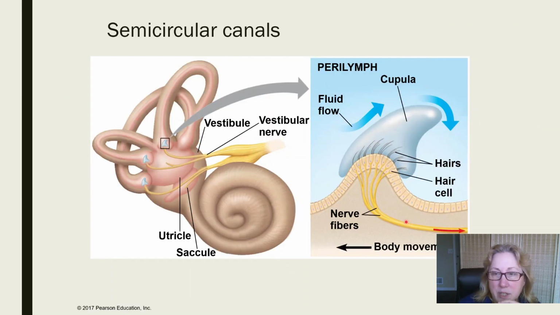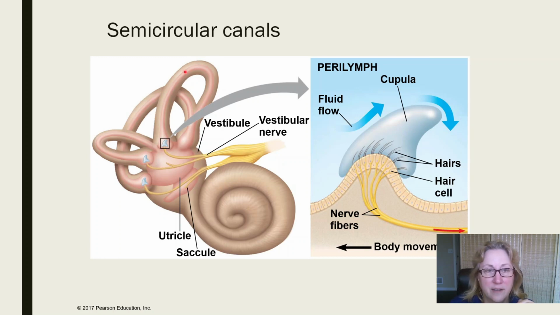Instead of using otoliths, there's this gelatinous layer on top of hair cells, and fluid that's flowing in the semicircular canals causes this little blob of gel to move, and that bends the cilia, and again, not really hairs, cilia. Depending on which way the fluid is moving, that tells us which way our head is moving.